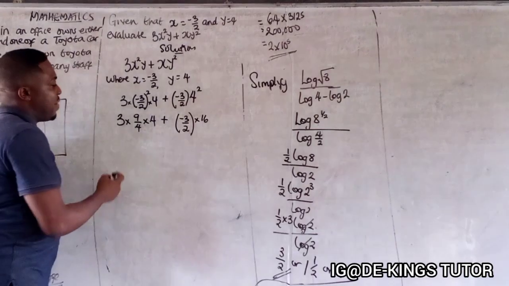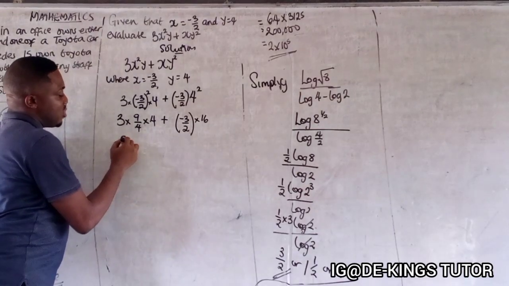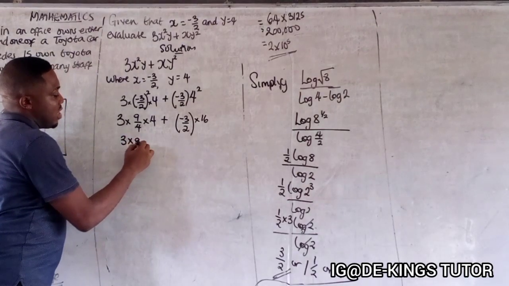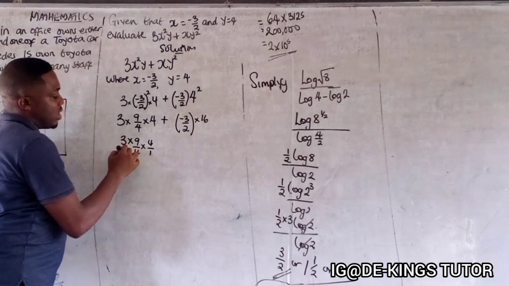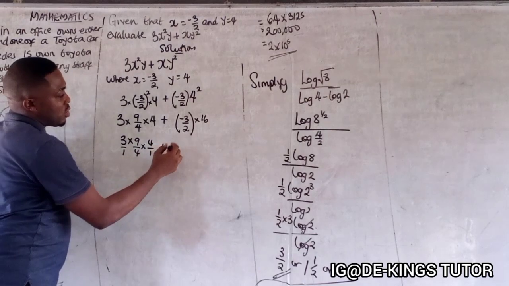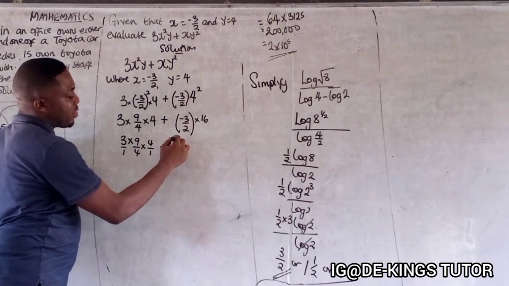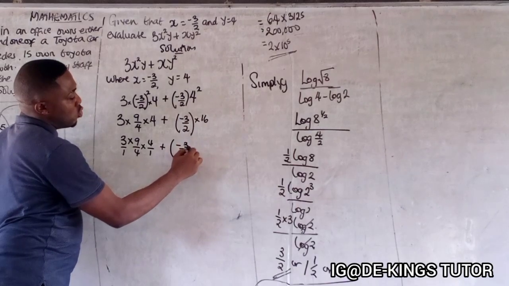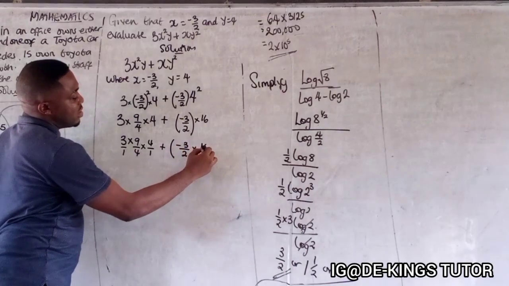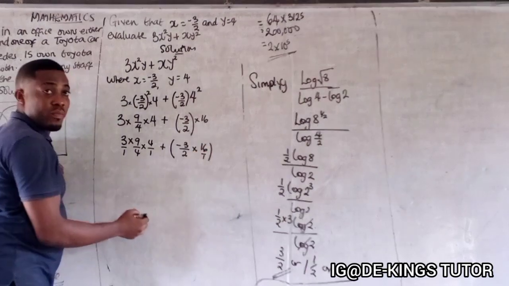Now we simplify further. This will be 3 times 9 over 4 times 4 over 1, plus minus 3 over 2 times 16 over 1.